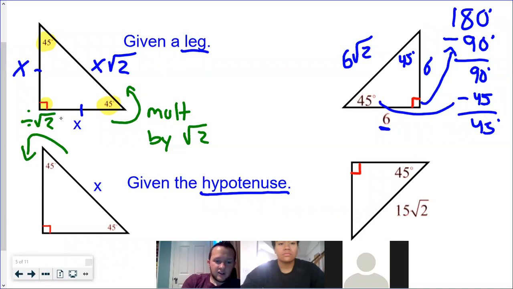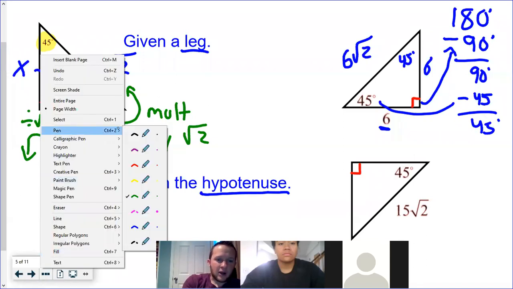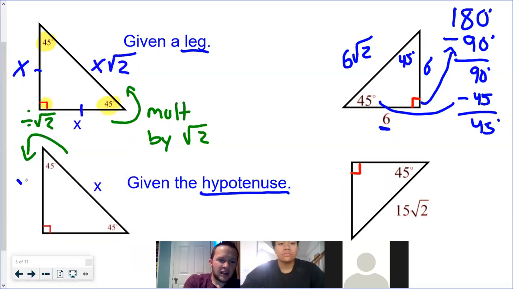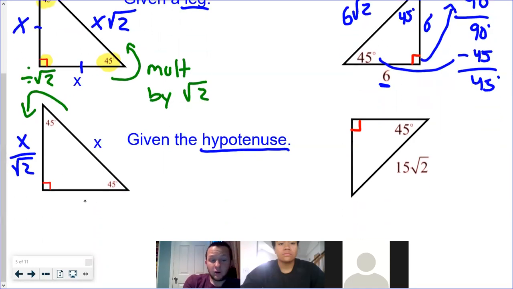So what that means here is that if I had x as a hypotenuse, I would do x divided by the square root of 2. Now over on this side, since these guys are the legs, they're both going to be the same. So this leg is also going to be whatever the hypotenuse is divided by the square root of 2.